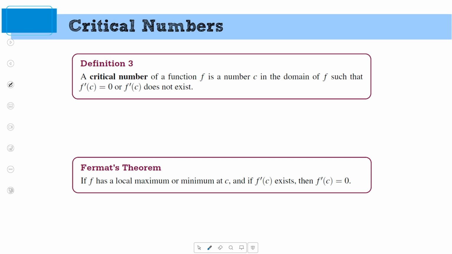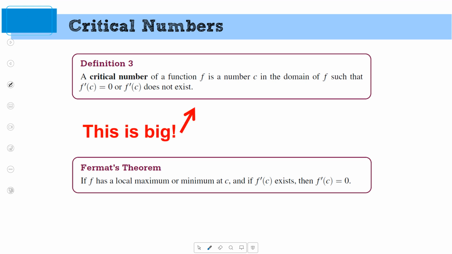Now, why do we want the critical numbers? As it says there, the critical numbers are where the derivative equals 0 or where the derivative does not exist. And then famous mathematician Fermat said, well, let's go backwards. If the derivative doesn't exist, then that's going to give us a local max or a local min. We'll deal with Fermat later. What's more important right now is definition number 3.